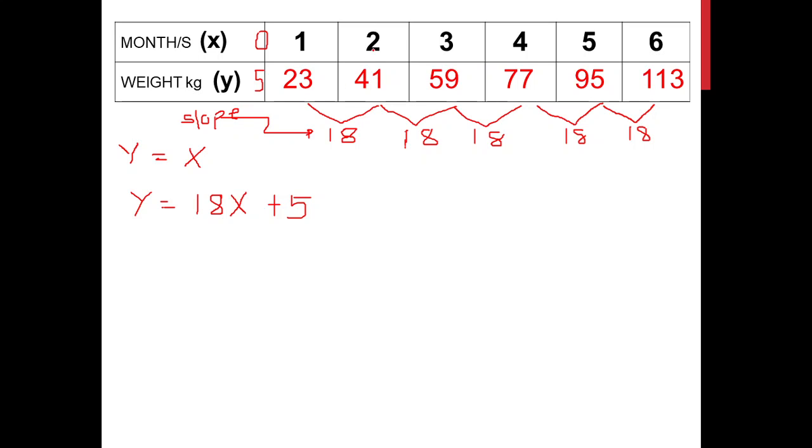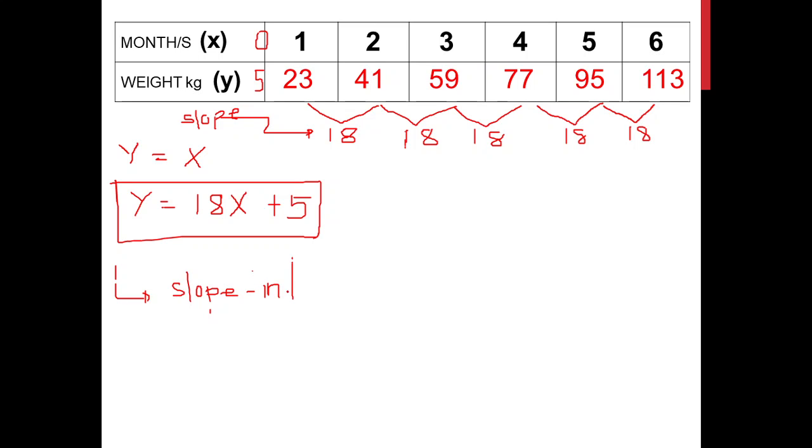Next, when you buy 2 donuts, you have 2 times 18, that is 36, plus 5, 41. And if we substitute everything here, it will equate to the values of y. Therefore, this one will be the equation to our problem. This is in its slope-intercept form.